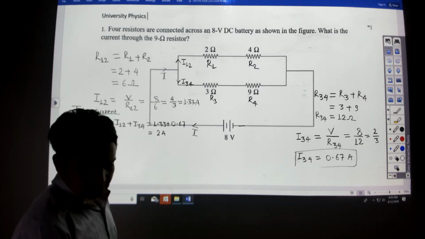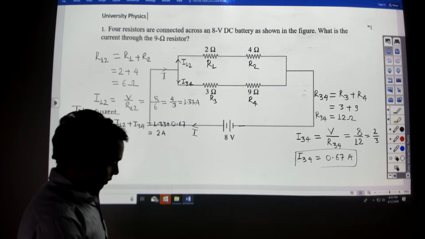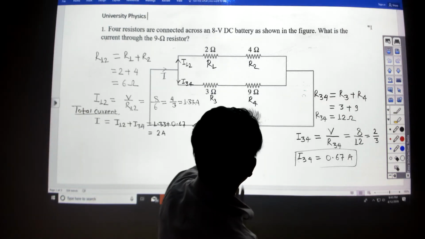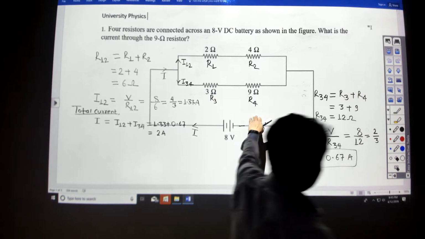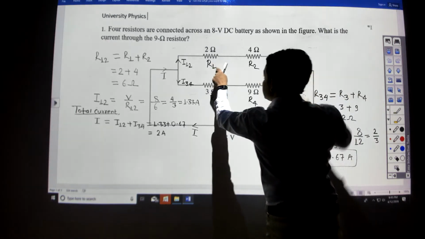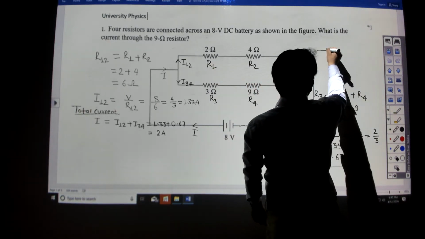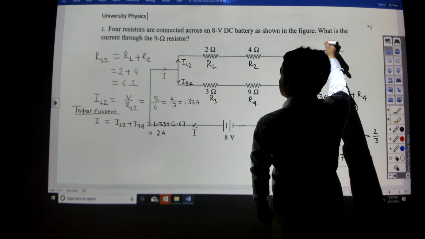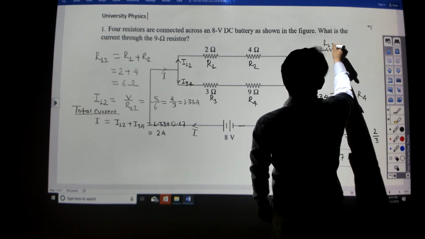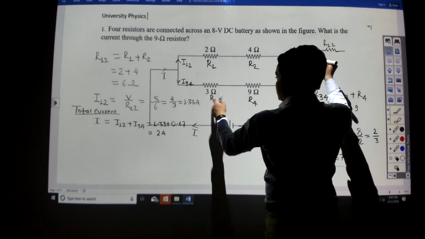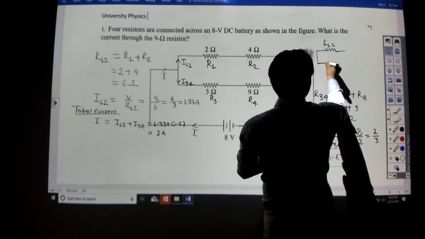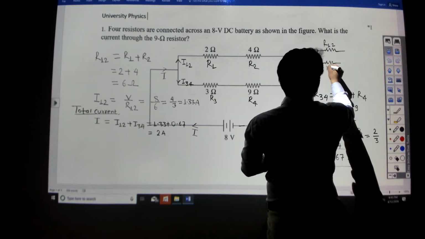Now the entire circuit. So let me redraw this figure here. These two resistors can be replaced by one resistor, which is R12, and these two can be replaced by one resistor, which is R34.